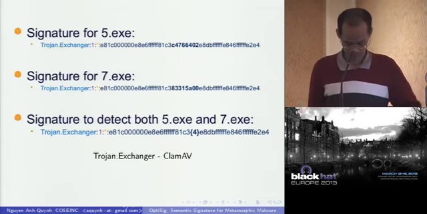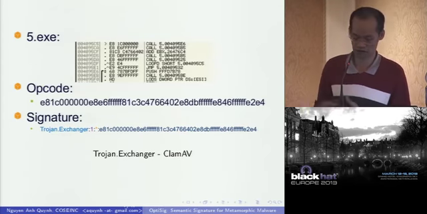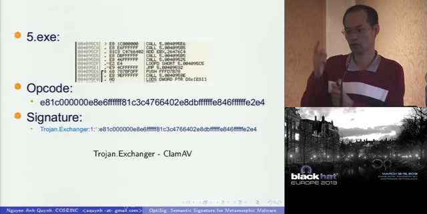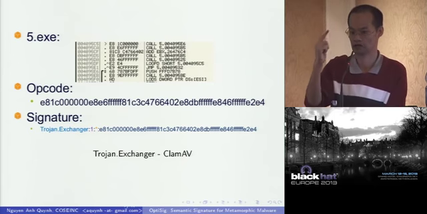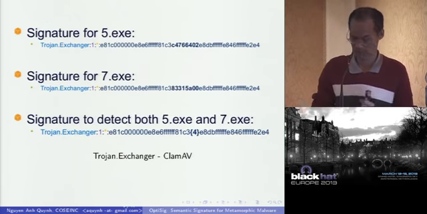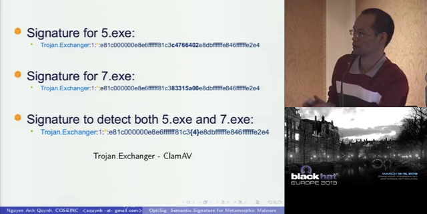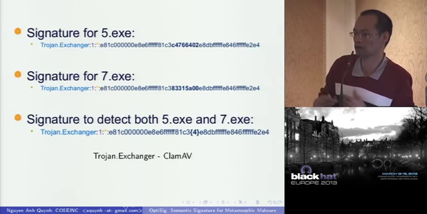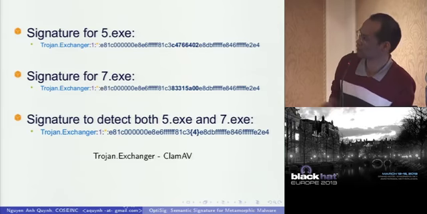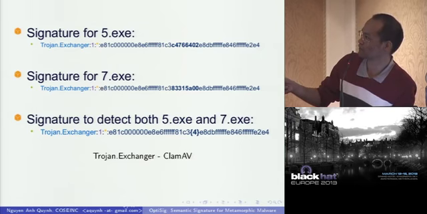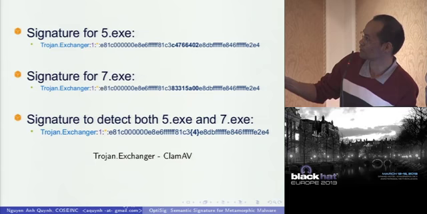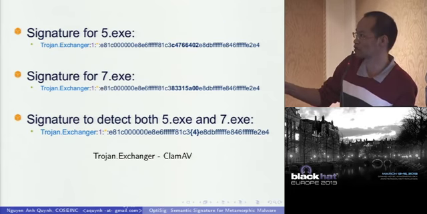However, you can see that the signature, like in this case, is not very flexible because with each malware, you need one signature, right? So they have a more flexible signature. It's called something like a regular expression. So here we have two malware, 5.exe and 7.exe, and you can see that they have some code inside. And these two codes are very similar, except for 4 bytes in the middle. You see? The first part is the same.